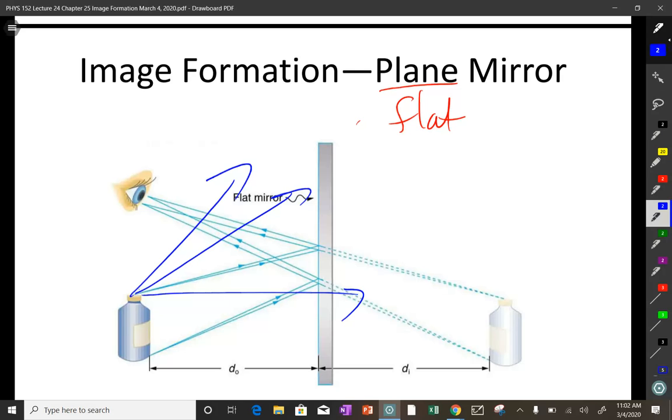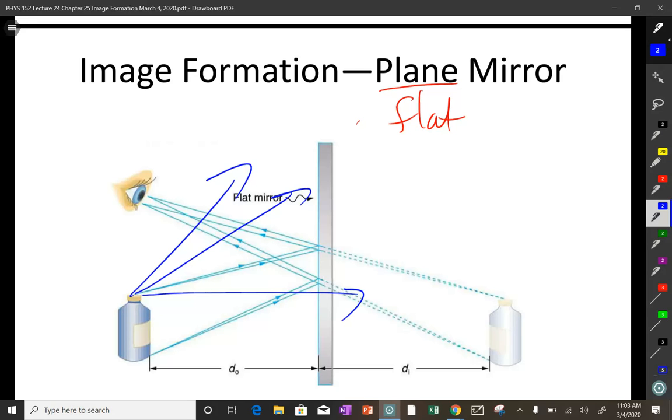Now, based on the symmetry here, the rays here are spreading, and then the amount they're going to converge is the same amount, because they're the same ray, then that means that the distance behind the mirror is going to be the same as the distance in front of the mirror.